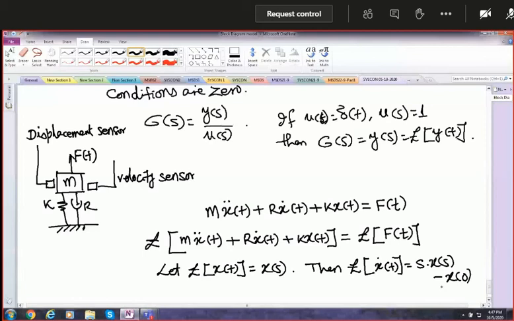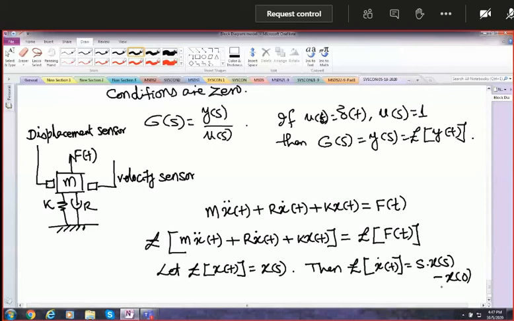All initial conditions are 0. So x at t equal to 0 will be 0. Likewise, when we take the Laplace transform of x double dot t, we will have s squared X(s) minus x0, that is already gone, minus x dot 0, this also will be gone. So this is important.